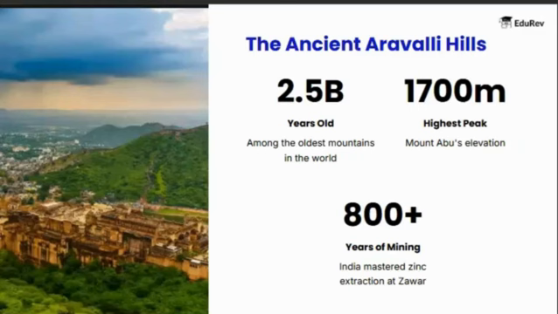Now we have the Aravallis. These are called Aravalli Hills, and these hills are the oldest mountains, around 2.5 billion years old. Mount Abu is the highest peak, which is over 1,700 meters.